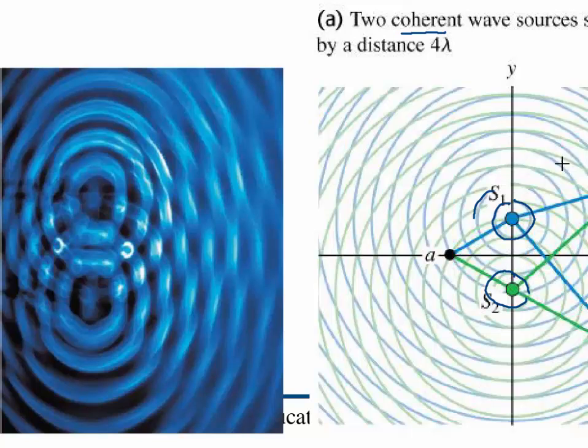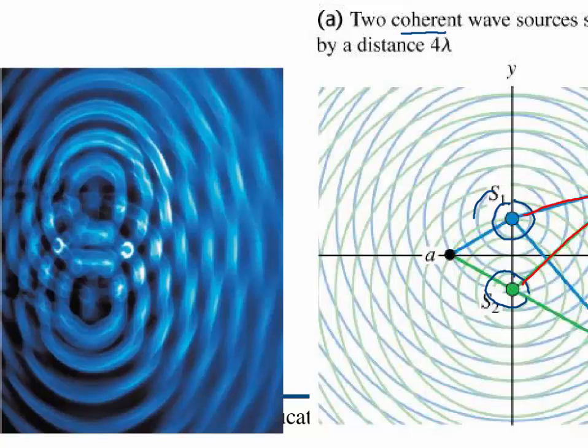Take a look at point B right here. At point B, you can see that we have a crest from the green one and a crest from the blue one, so those crests are going to line up. One thing that is different about point B is that source 1 has traveled this distance right here, which is shorter than the distance traveled from source 2, so there's some difference in path length between those two.